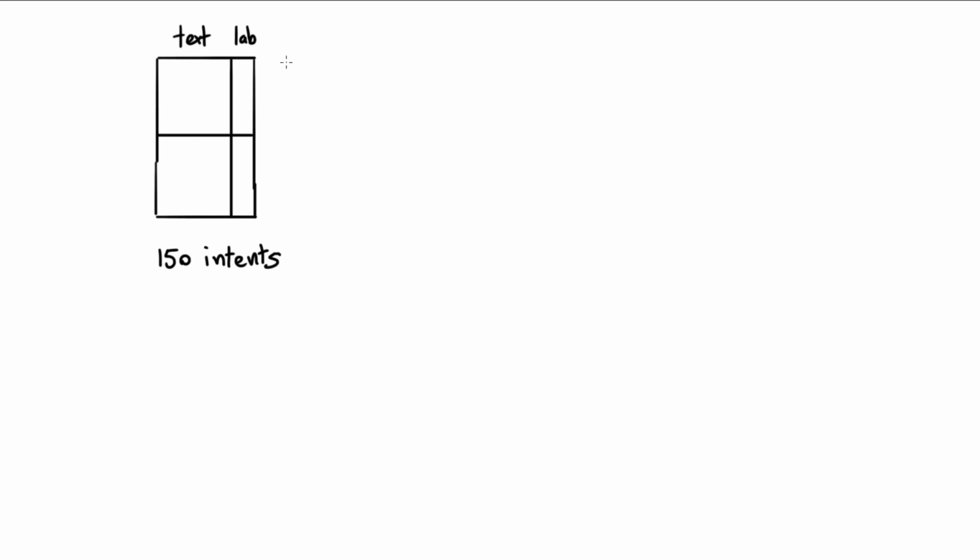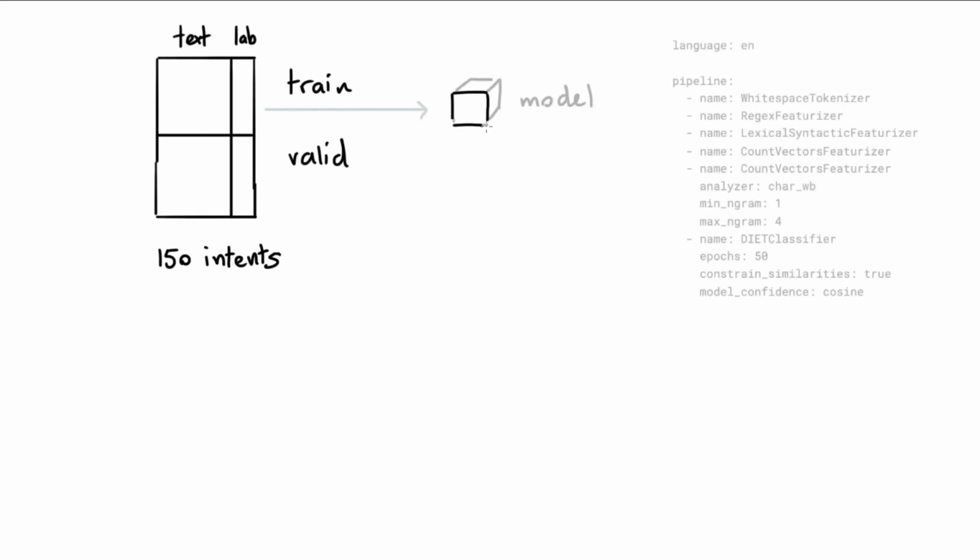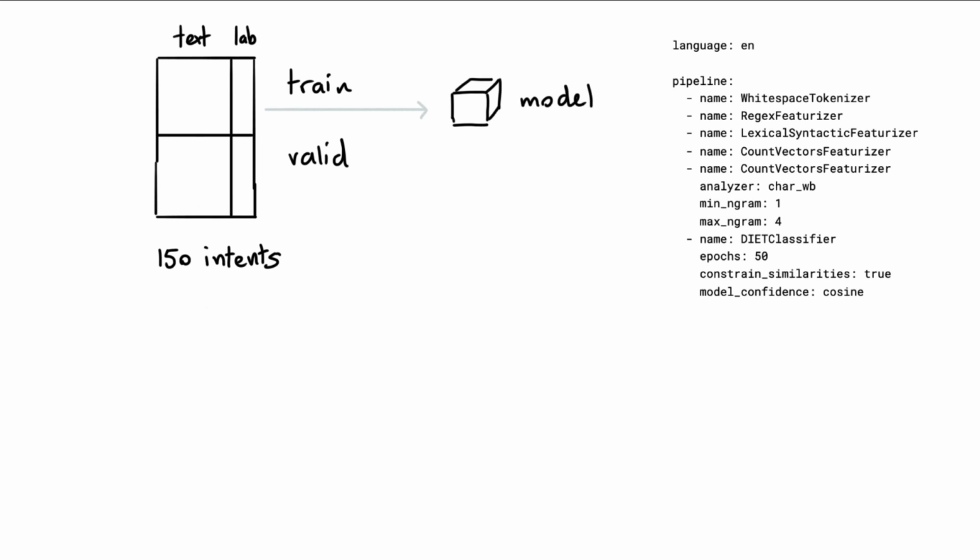And what I'm going to do is split my data set up into a training segment and a validation segment. I will pick up the training data and just train a model on it. And I'm using a fairly lightweight model.